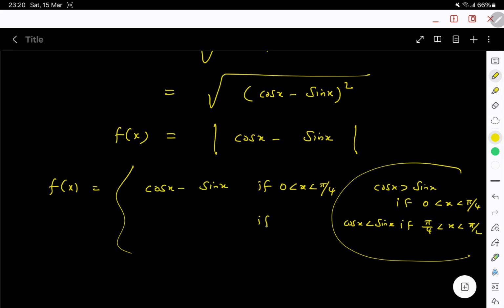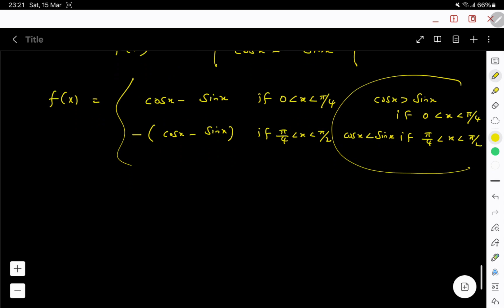If the interval is greater than pi by 4 and less than pi by 2, cos x is less than sin x, that is sin x is the greater value, so definitely cos x minus sin x becomes negative, so this becomes minus of cos x minus sin x.